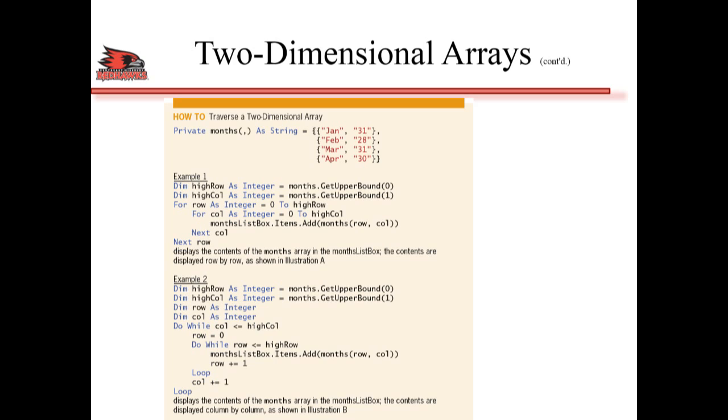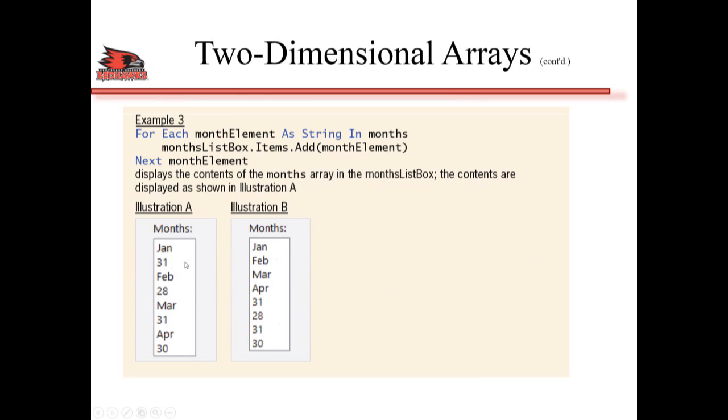Here's an example where first we have defined an array called months, where the first column is the name of the month, the second column is the number of days in that month, and then we have the high row and high column to get the upper bounds, and then we have a for loop so that it keeps adding items to a list box from the months array. So it displays the contents of the months array in the list box, and the contents are displayed row by row as shown in this illustration.